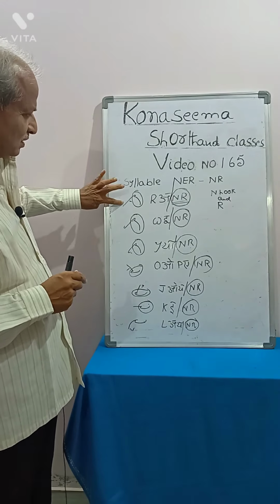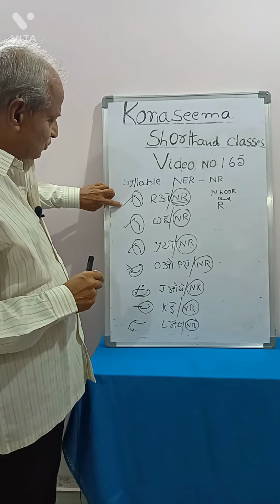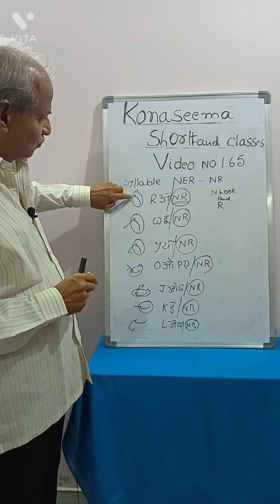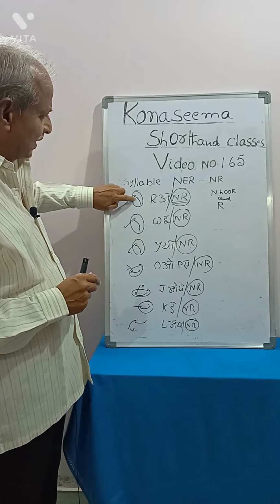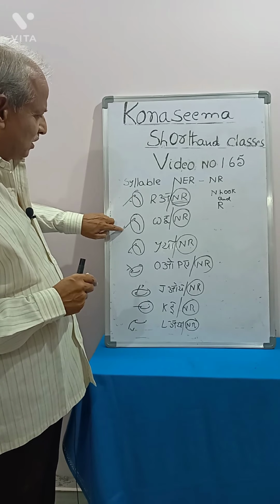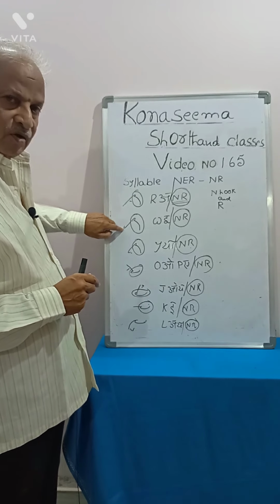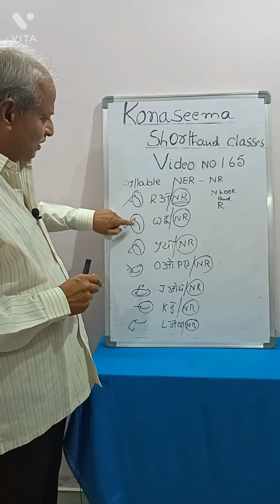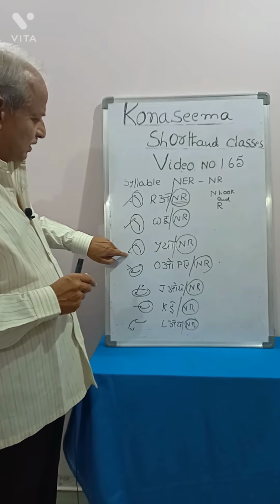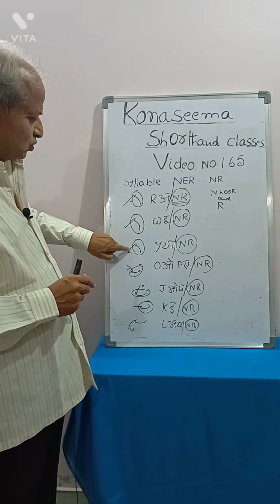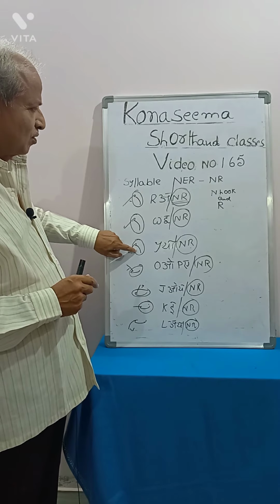Here this is upper stroke. Straight upper stroke. After straight up stroke we can put N hook and downward R. Here winner, way, N hook and downward R. Here yanar, straight up stroke, N hook and downward R.